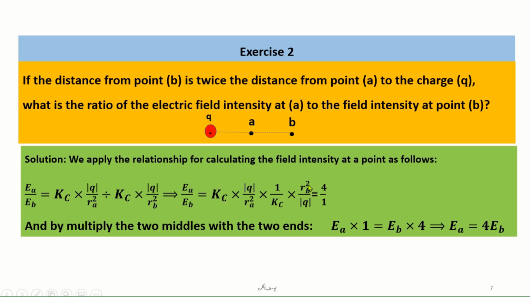Here R squared B is 4 and R squared A is 1, because this is 2 squared equals 4, and here 1. By multiplying the two middles with the two ends, we get this equation: EA multiplied by 1 equals EB multiplied by 4, leads to EA equals 4 EB. This is the relation between the two fields.